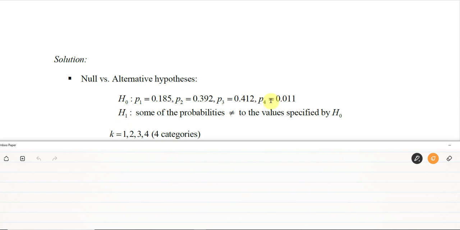If the null hypothesis is not true for all the percentages here, then the alternative hypothesis means that some of the probabilities are different from the value specified by H0.